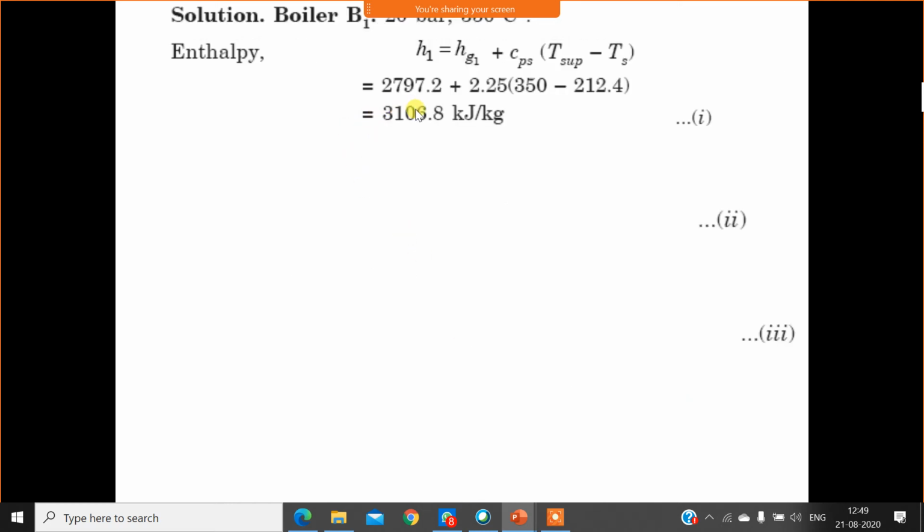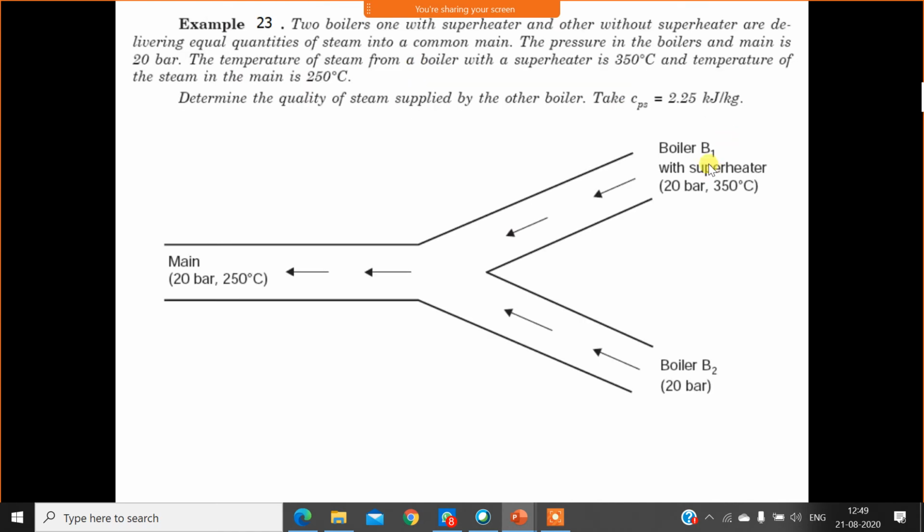Now, for boiler B1, the enthalpy of the steam supplied by boiler B1 is equal to H1. Look at it, it is superheated. We can check whether it is superheated or not.